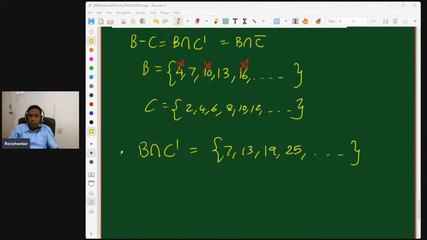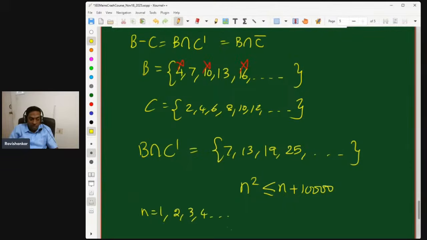Okay, now what is set A? n square is less than or equal to n plus 10,000. Now clearly n equals 1 will satisfy, n equals 2, 3, etc. will satisfy.